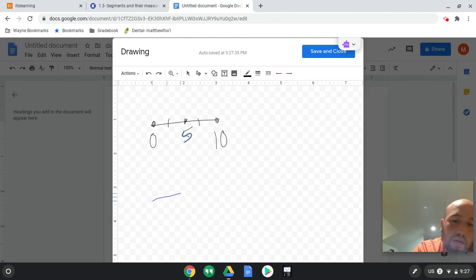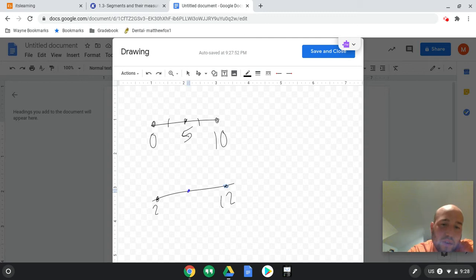However, if we have the same length line, and it started at 2 instead of 0 on the number line, and it went all the way to 12. If we did 12 divided by 2, that'd be 6. 6 is only 4 away from 2, and it's 6 away from 12, so that's not our answer.